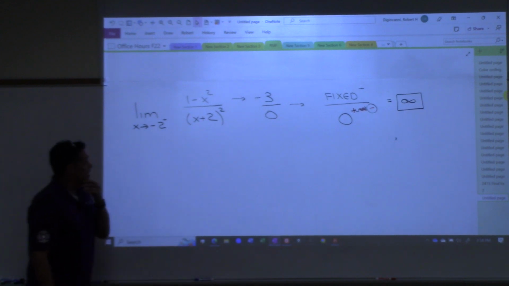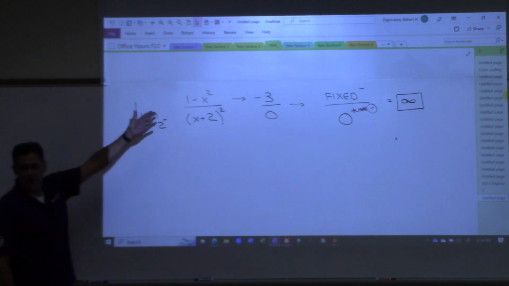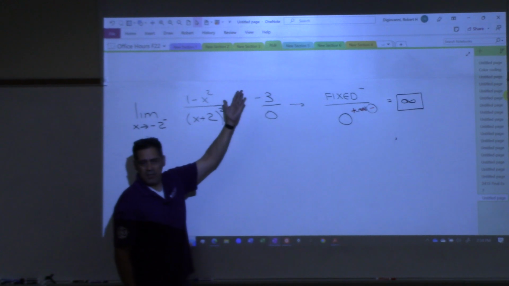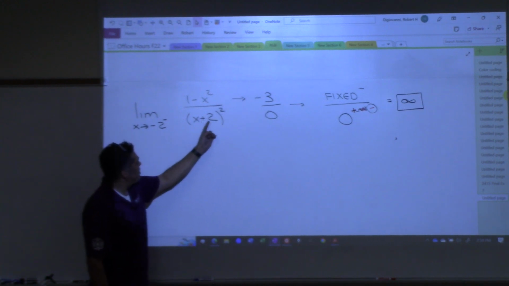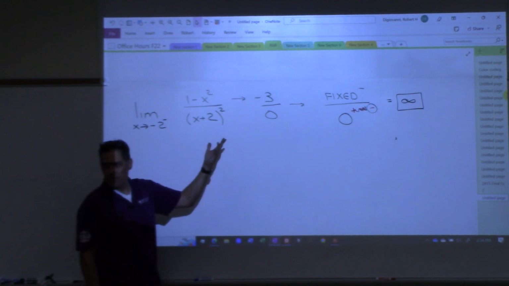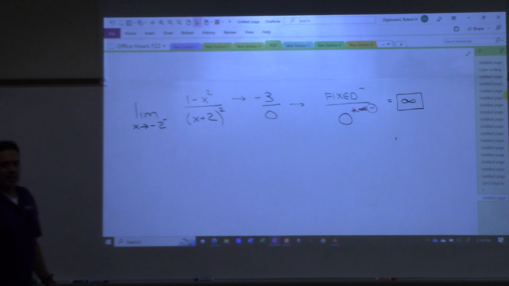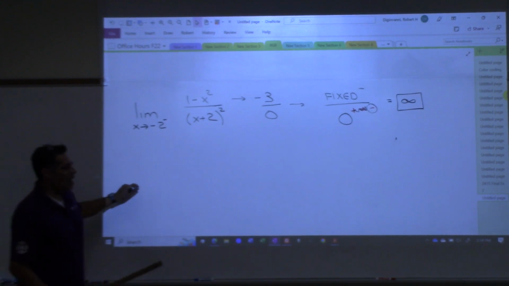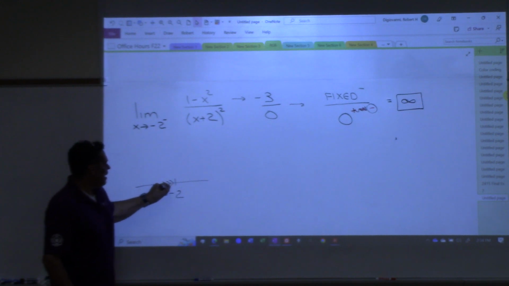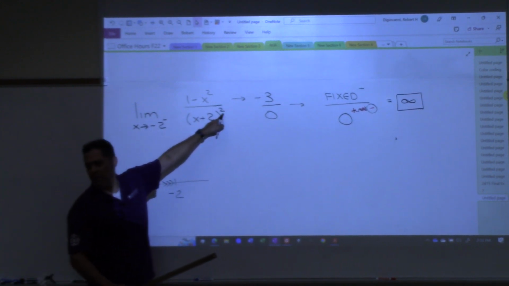We'll give you a second to write it down. Does the limit on the top change? Is this still headed to -3? Yes, that's still the same. Is this still headed to 0? Yes. And 0 squared is still 0, so that's still headed to 0. Any number down there has to be positive. Now I don't need my number line. I don't really need to think about this because it doesn't matter what happens in here, because I'm going to wind up squaring it.